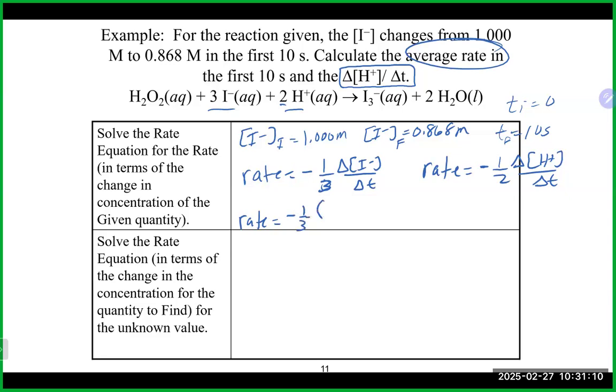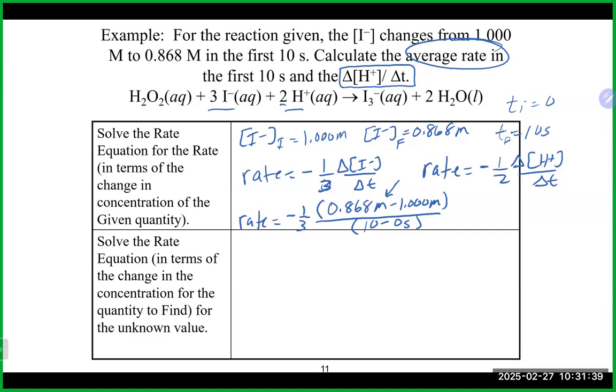Remember here that the change in concentration is final minus initial, 0.868 molar minus 1.000 molar, divided by, again, if you want to do final minus initial, or you could just do 10 on the bottom, but really it is final 10 minus initial seconds. Most importantly, why is the top one more important there? Top one is going to do what? When I subtract that, what type of number do I get?